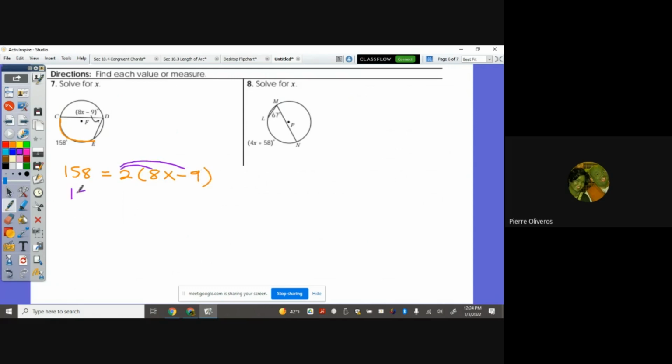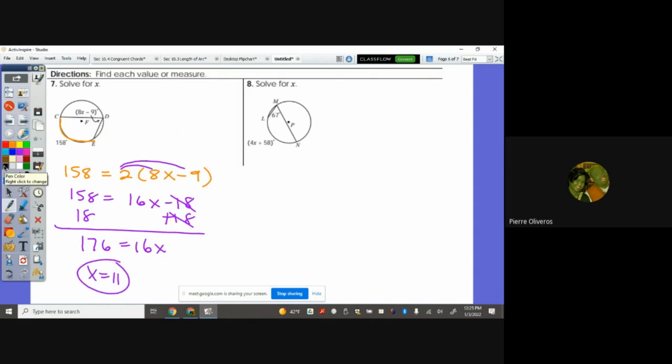That will give you 158 is equal to 16x minus 18. We add 18 here, add 18 here. This cancels out. 158 plus 18 is 176, equal to 16x, divided by 16. That will give you x equal to 11.